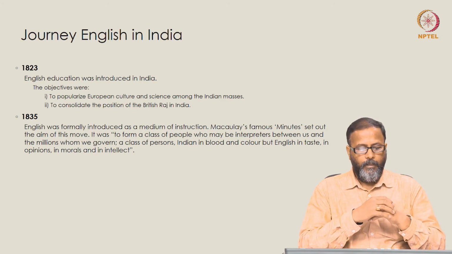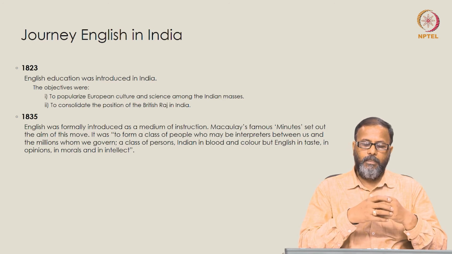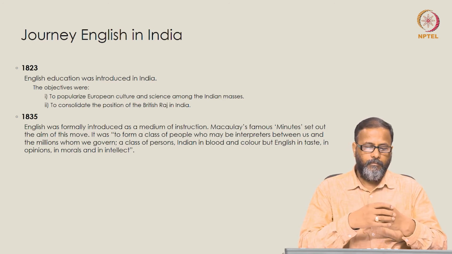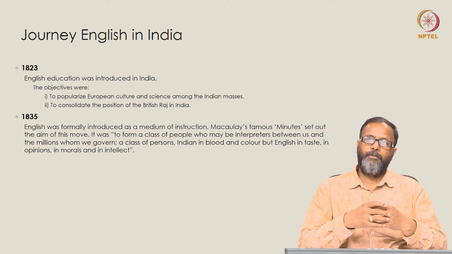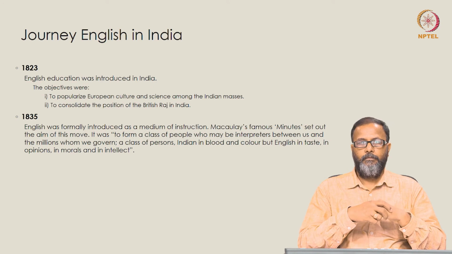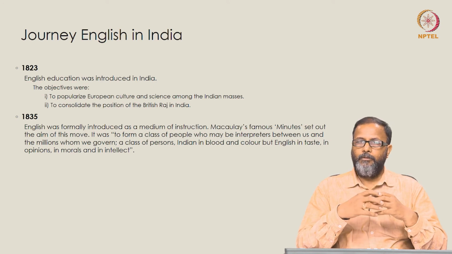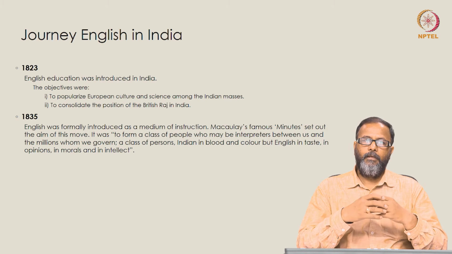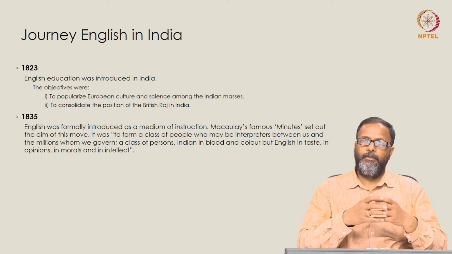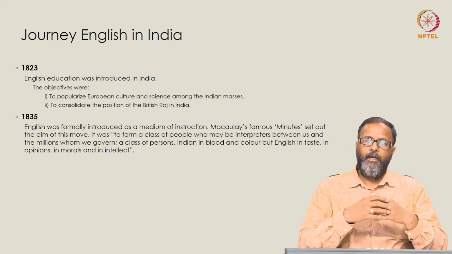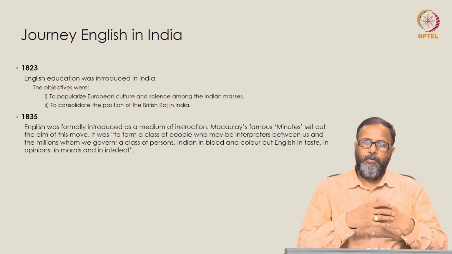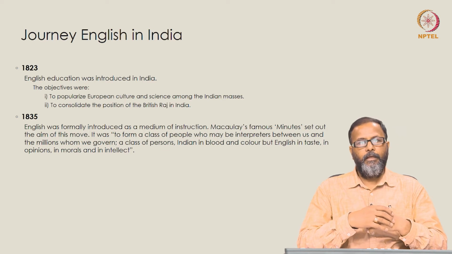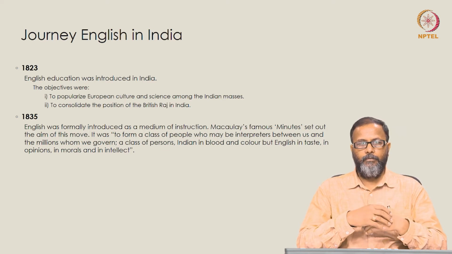Number one, to popularize European culture and science among the Indian mass, and to consolidate the position of British Raj in India. So with these two objectives, the English education system was introduced to India in 1823, and this is how the formal introduction of English began. In 1835, we all know the Macaulay's Minutes.